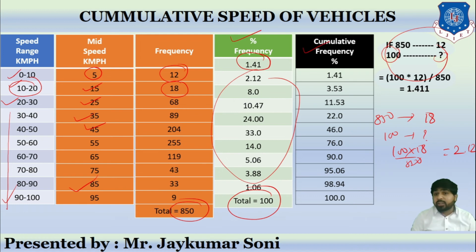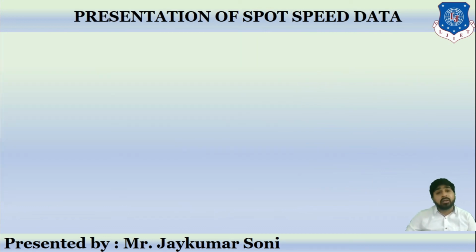If I want to calculate the cumulative frequency, I will add these values: 1.41 plus 2.12, that is 3.53. 3.53 plus 8, that will give me 11.53. 11.53 plus 10, that will give me 22. 22 plus 24, that will give me 46. 46 plus 33, that will give me 79. 79 plus 14, that will give me 93. 93 plus 5.06, that will give me 98.06. And this is how it can be calculated.